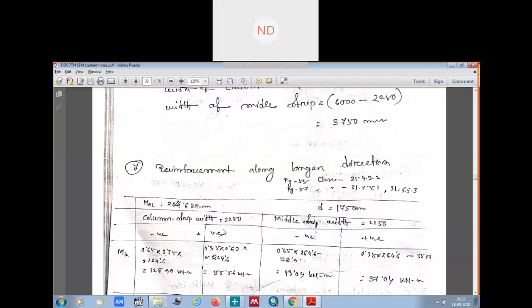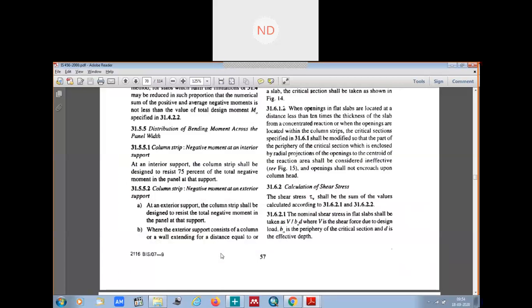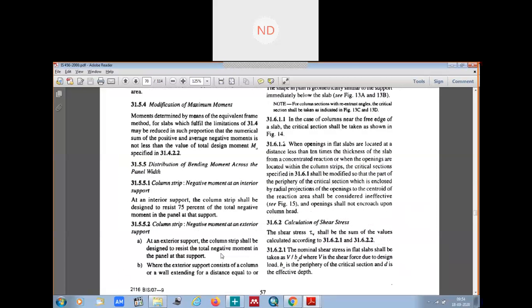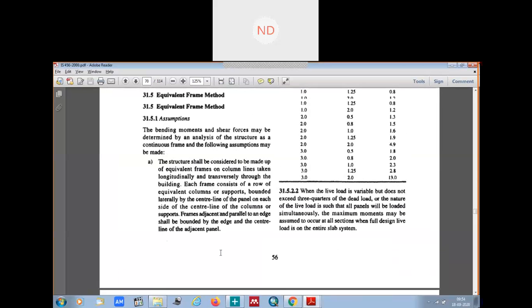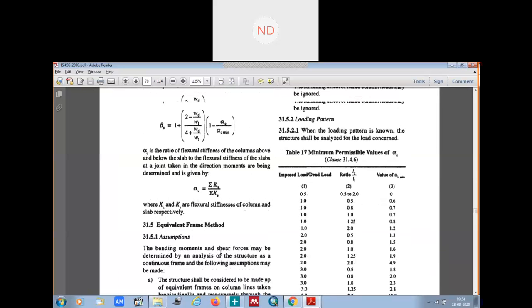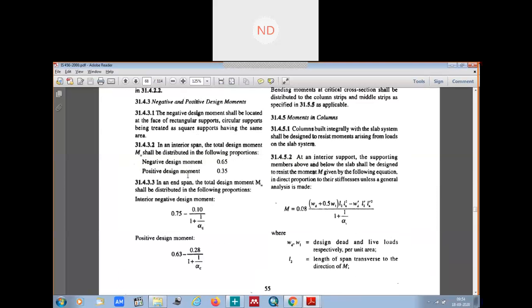Now for the positive moment for the column strip, what is our moment? Again we'll go to page number 55 here. For the positive design moment, we have how much? 0.35.